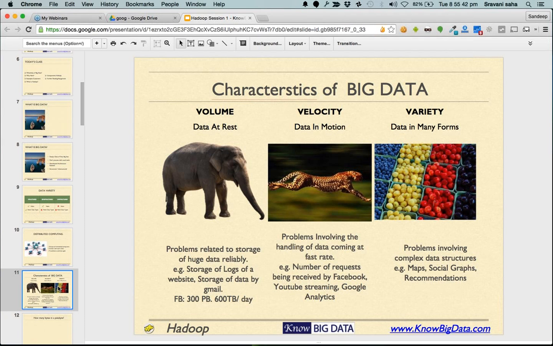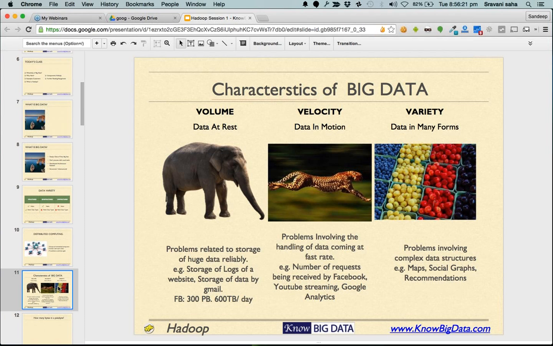The total number of requests reaching concurrently, meaning at the same time, at the Facebook server is too huge to be handled by one machine. When you grow to so many requests per second, a single machine cannot handle that. For handling that, you need different kinds of databases, different kinds of load balancers, and different kinds of storage. So basically the velocity of your data could make it big data.